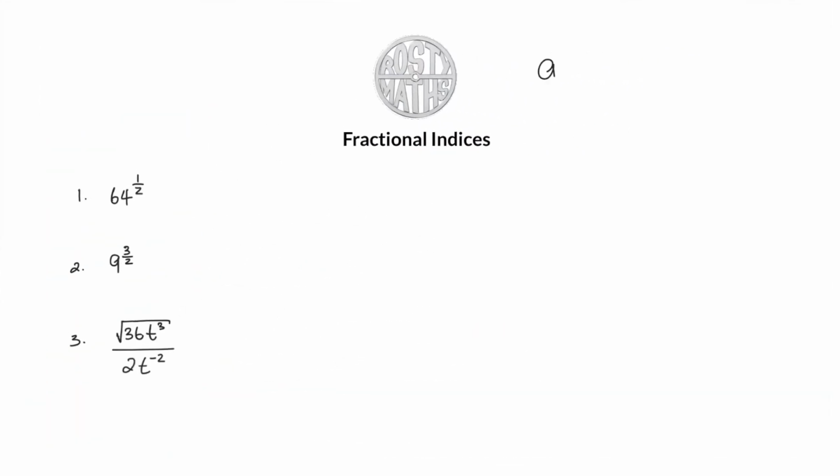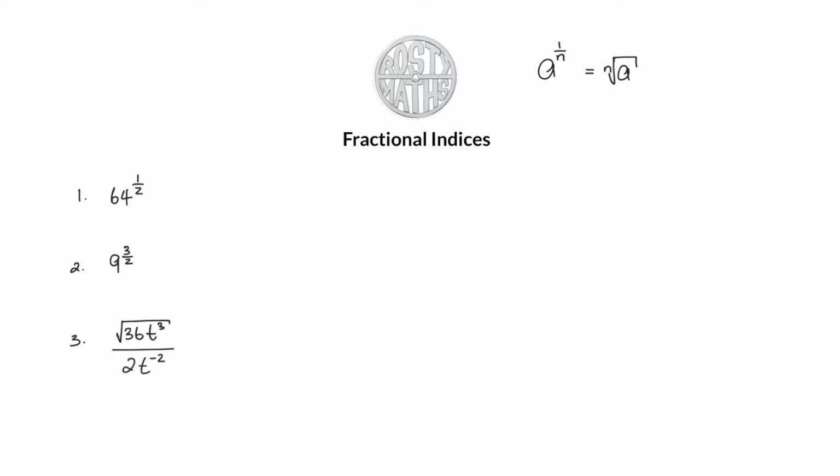Let's establish some rules. I have a base, and the base has got a power that's a fraction like that. If it's got that, then this is the same as the root of that base, but the root needs to be to the power of that bottom number, or your denominator.